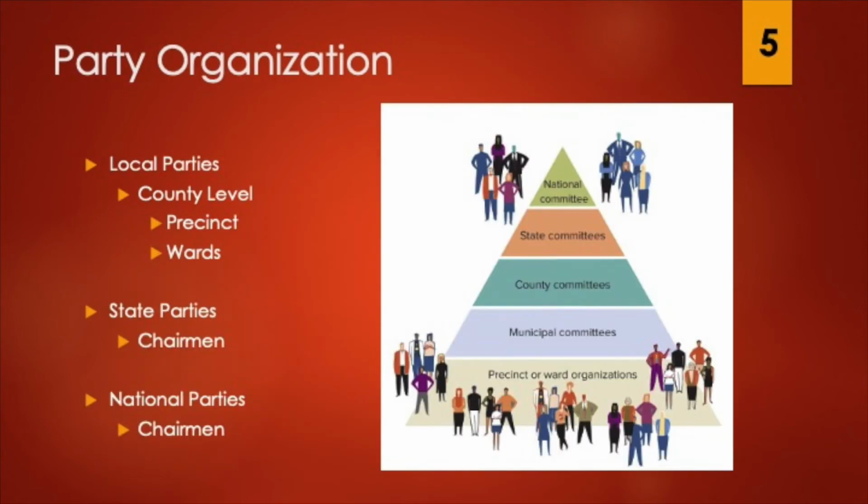Now that you know our political parties, and quite frankly, by this point you already did know them, at least the two major parties, we're going to take a look now at how each level of party organization affects the success of the party. At the local level, the structure of political parties is different, and this can be due to the state laws or organization of each party. A county chairman helps select candidates for local offices, and we saw this after the passing of State Representative Mike Reese when his position had to be filled.